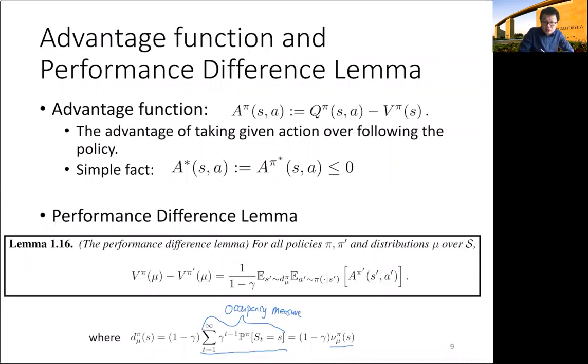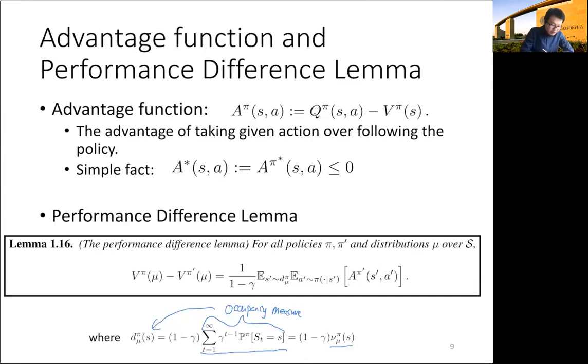It's not a probability distribution, but if we rescale it by this constant multiplier 1 minus gamma, then it can be converted into a valid probability distribution. So this d mu of pi is really the marginal distribution over the entire trajectory, rolled out under pi, for you to see state S.